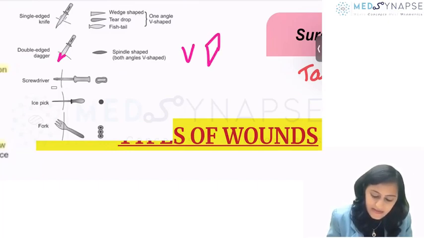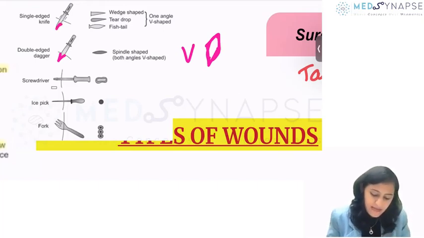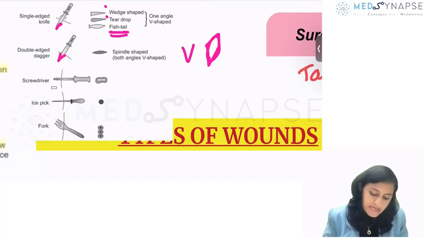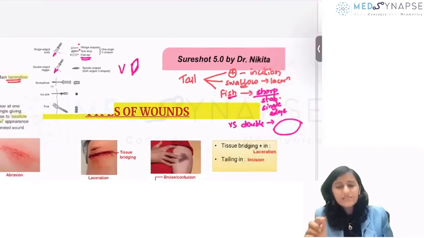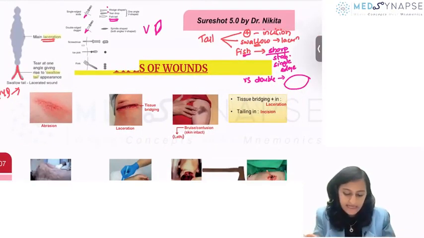It gives a V and a V that becomes a spindle. A single sharp edge will give the fish tail. Wedge shape, teardrop, fish tail is what it can do. So V is only one end. Clear with everyone? So fish is sharp one edge, swallow is laceration, only tailing is incision.